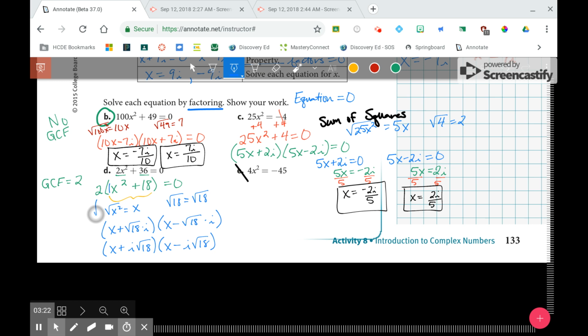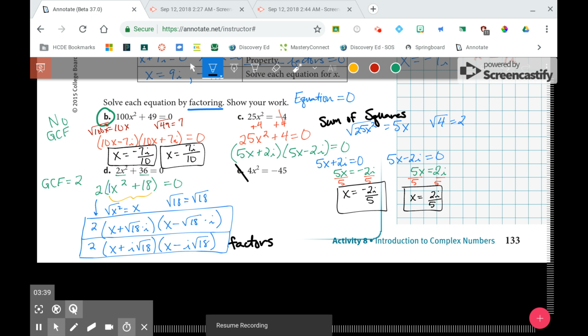And remember that GCF out in front, that 2. So right here we have two different sets of factors. I will say that the bottom one is a little bit more clear and in that correct notation that we really want, having the i in front of the square root. So we're going to stop that problem how it is and just factor it. We're not going to continue to solve.